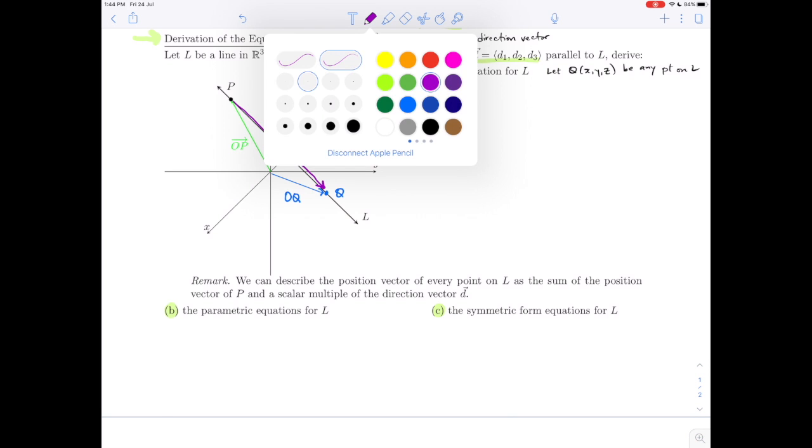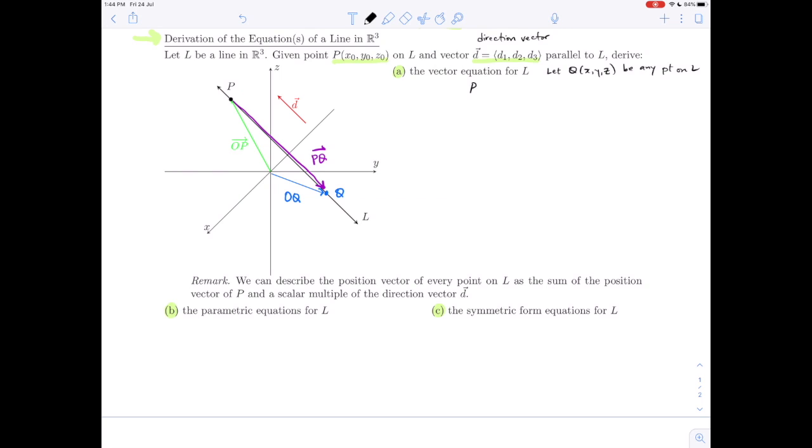And so what do we notice? Well, first of all, this vector PQ has to be parallel to the given vector D. And if vectors are parallel, you saw in the last chapter that they have to be scalar multiples. So we're going to use t for some t in R. That's the traditional scalar that we use for lines. So PQ has to be some multiple t of D. Now, PQ, we've got a lovely tip-to-tail relationship between the vectors there.